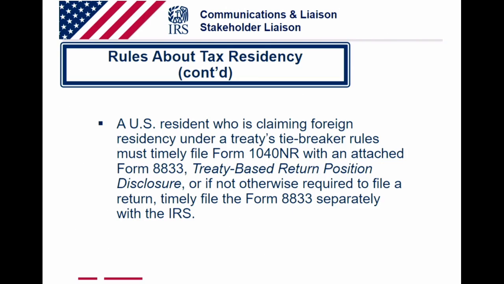You also might want to look at the Treasury Department's technical explanation to the treaty in question, as well as any other relevant documents. Those technical explanations can be found at irs.gov's webpage titled Treaties A to Z.